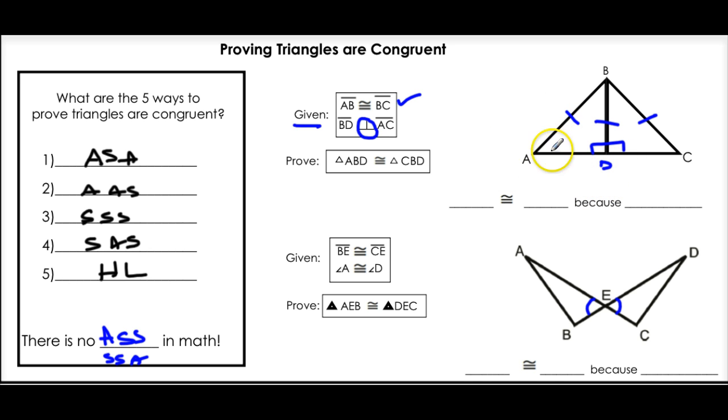Since we have a 90-degree angle, a leg and a hypotenuse, that would be HL. So we know ABD is congruent to CBD because of hypotenuse leg. That 90-degree angle should be a great hint that this is hypotenuse leg. Hypotenuse leg is only for 90-degree triangles.